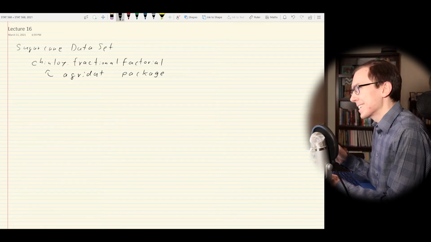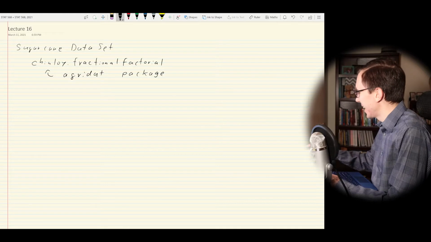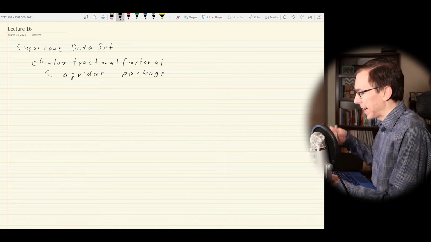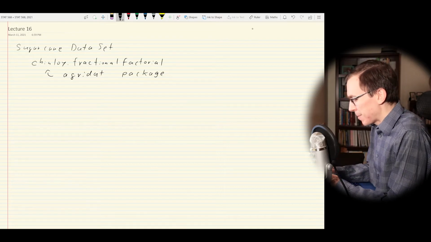But of course, there are also some other interesting little quirks in those data sets as well. So it's always fun to look at and see how you actually analyze real world experimental design data.